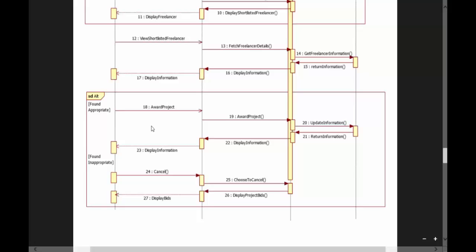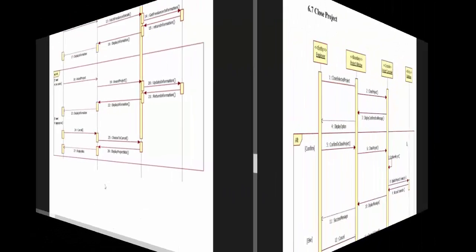And this is the case if the employer finds an appropriate freelancer for that particular project. If the employer does not find an appropriate freelancer for the project, he or she will cancel the award of the project and will update the information in the database by choosing to cancel, and then the bids will be displayed again to the employer.